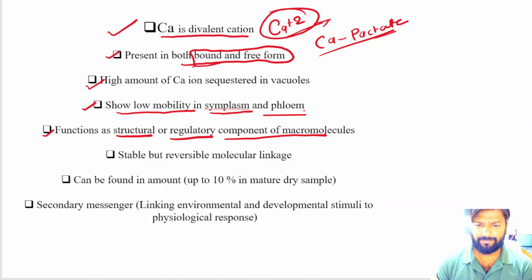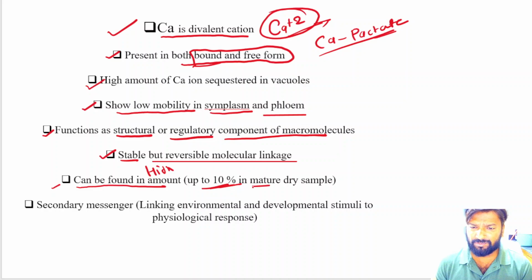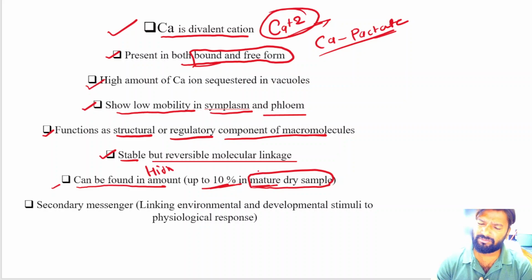Next point is that binding with calcium is stable, but it is reversible with some molecules. Next point is that in some plants it can be found in a high amount, up to 10% of dry weight. Mostly it is present in mature dry leaves. When your plant becomes mature, the amount of calcium will increase.